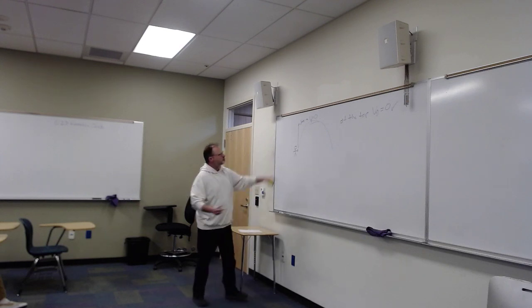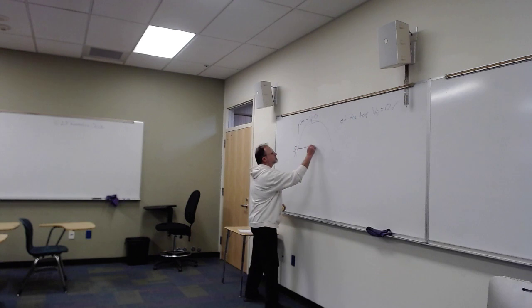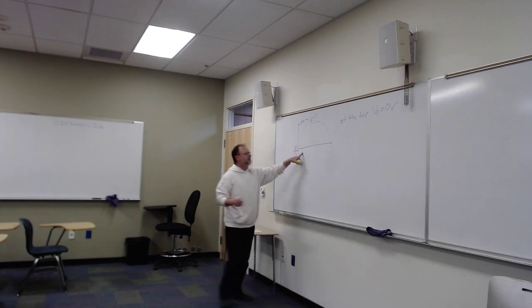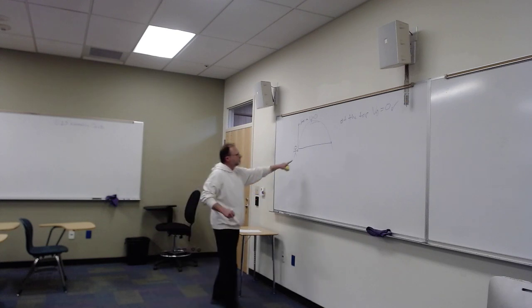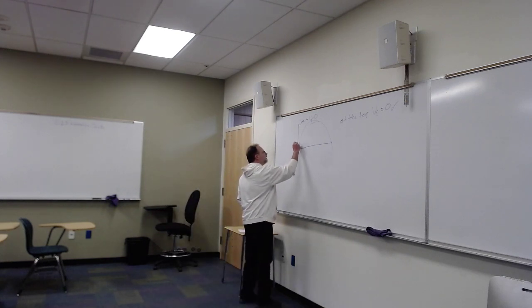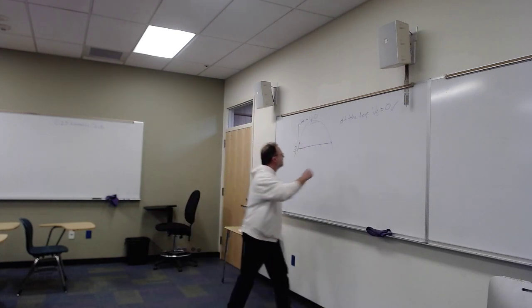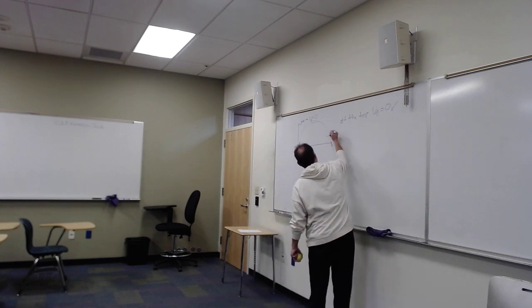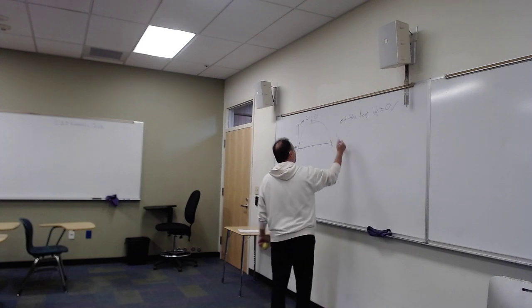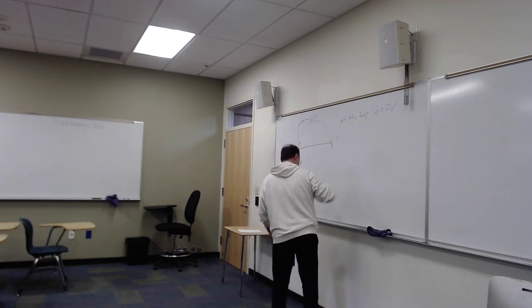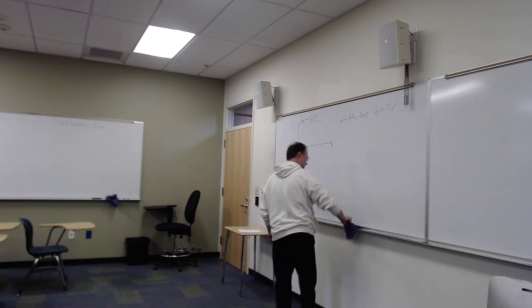The other shortcut is, what is the velocity right here when it comes back down? The velocity at this point is exactly the same as the velocity at this point. Okay? It is equal in magnitude.